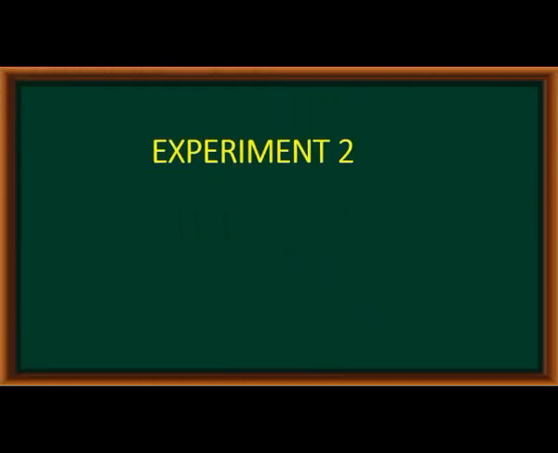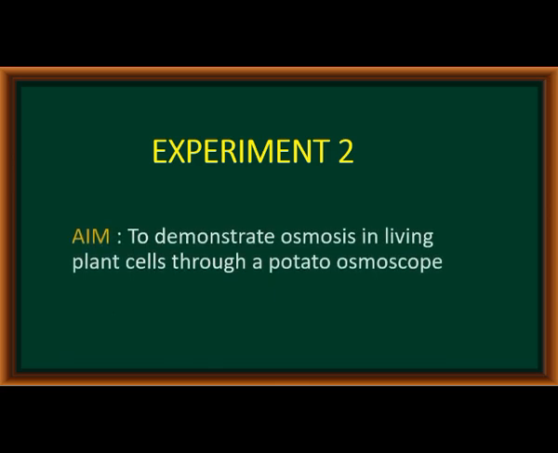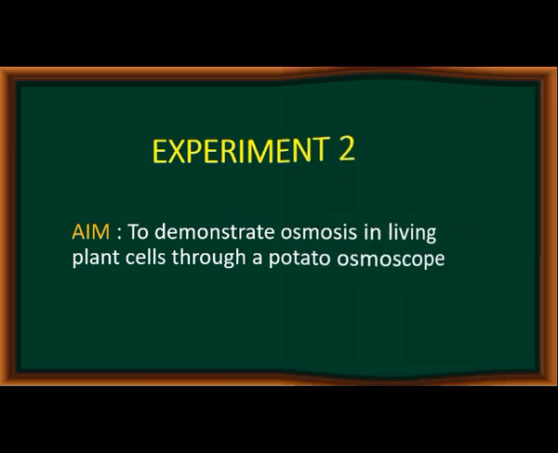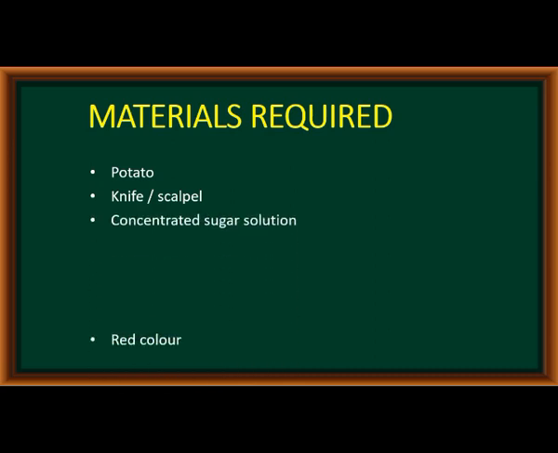Now move on to experiment number 2. So the aim of the experiment is to demonstrate osmosis in living plant cells through a potato osmoscope. Materials required: potato, knife or scalpel, concentrated sugar solution, red color, distilled water, beaker, pin and peeler.